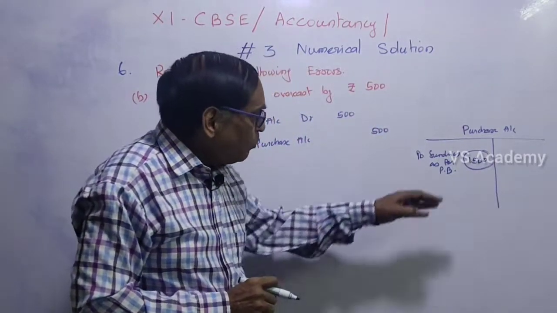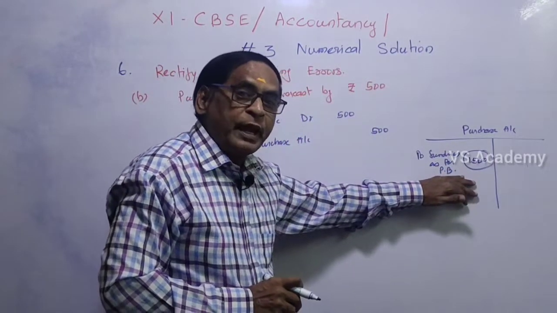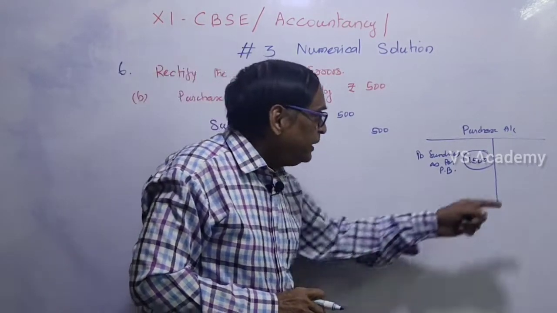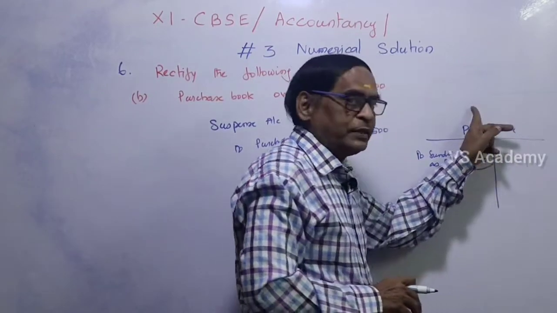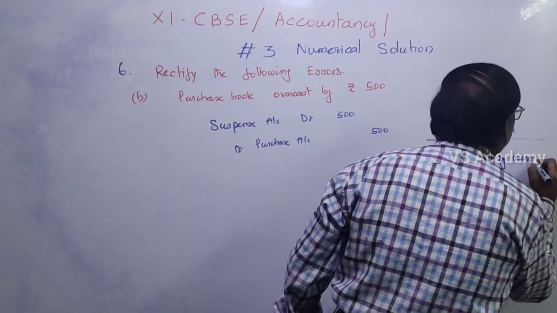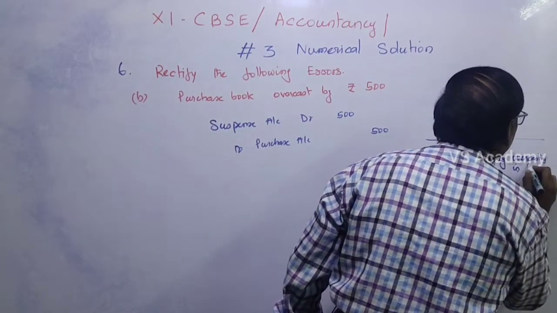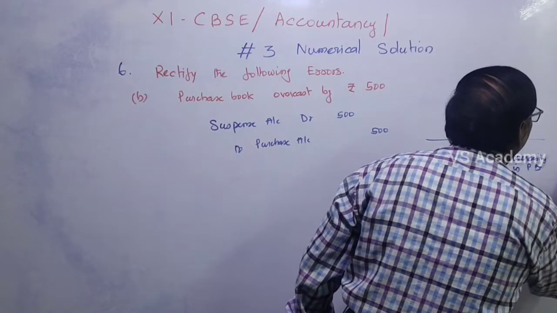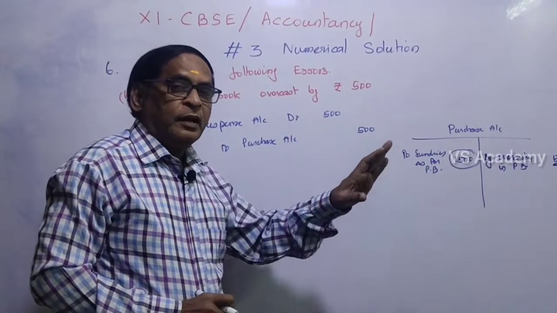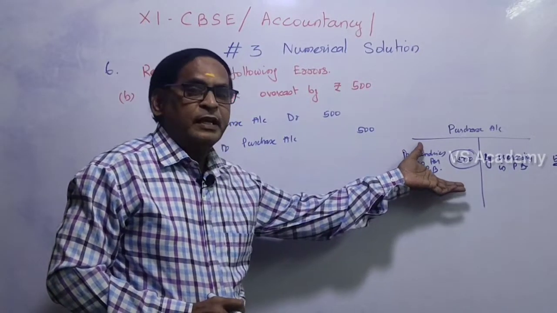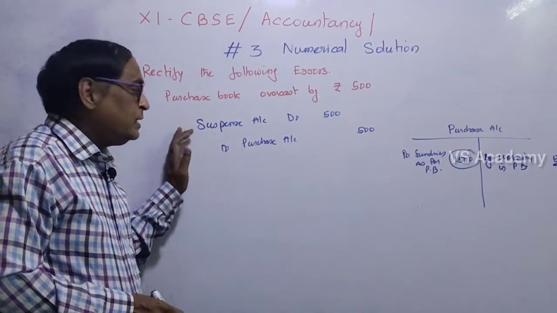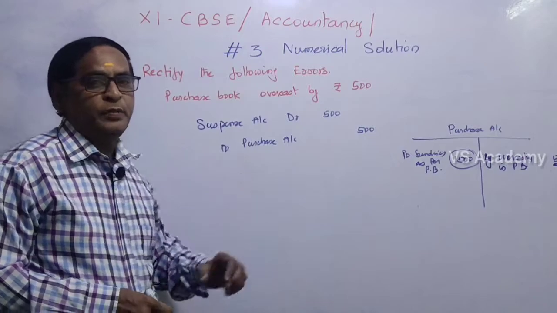So we have to cancel this extra 500 rupees. For that purpose, we enter one more entry in the credit side of the purchase account by overcasting in purchase book, rupees 500. So before trial balance, the rectification entry will be like that. And after trial balance, suspense account should be debit and purchase account should be credit.